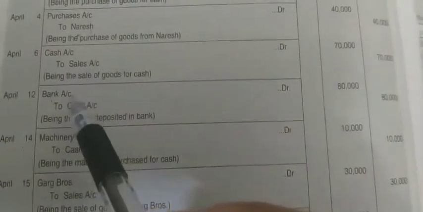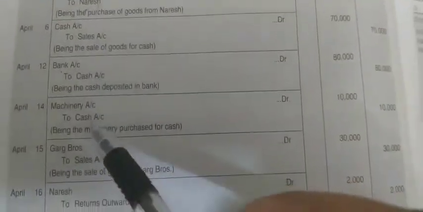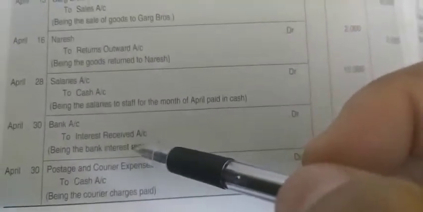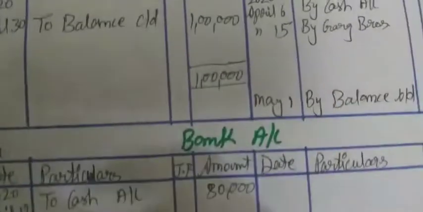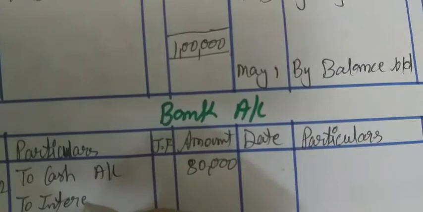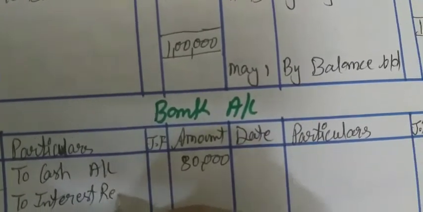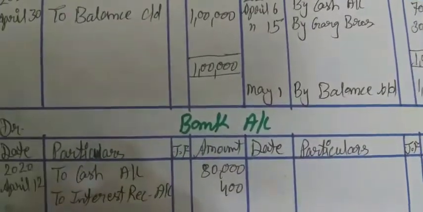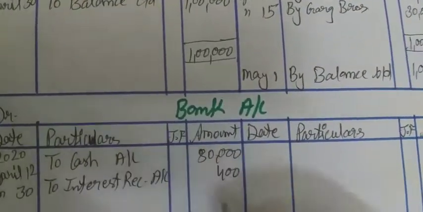Okay, is there any other transaction with the bank? Student, one more transaction is there on April 30, debited to interest received account with the amount rupees 400. So to interest received account rupees 400, on April 30.